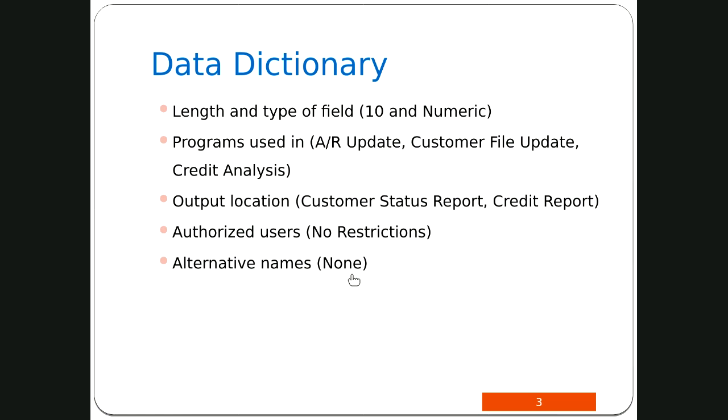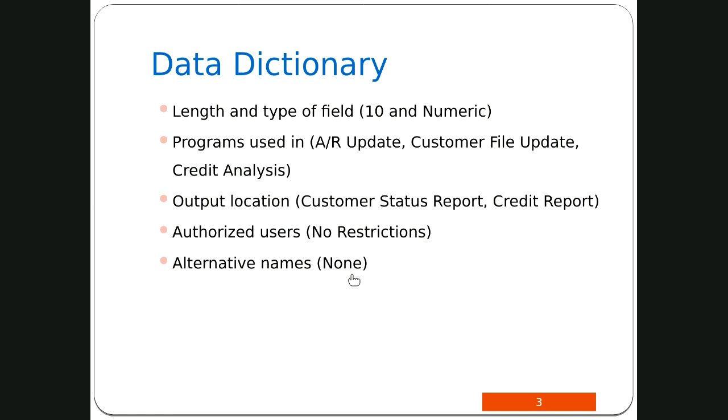So when somebody is asking for the job number or the employee number, they mean the same thing. It's the same number. So the alternative name is used for certain data elements. In this case, the customer number says that it does not have an alternative name.